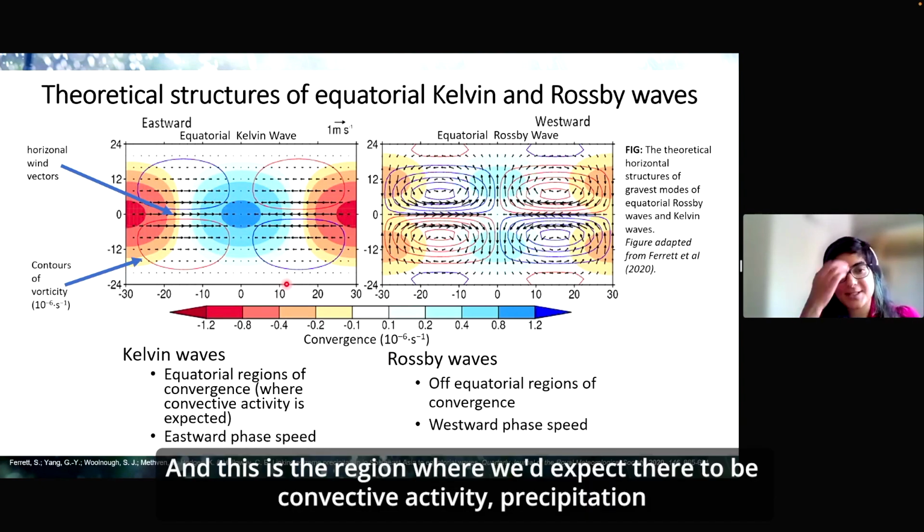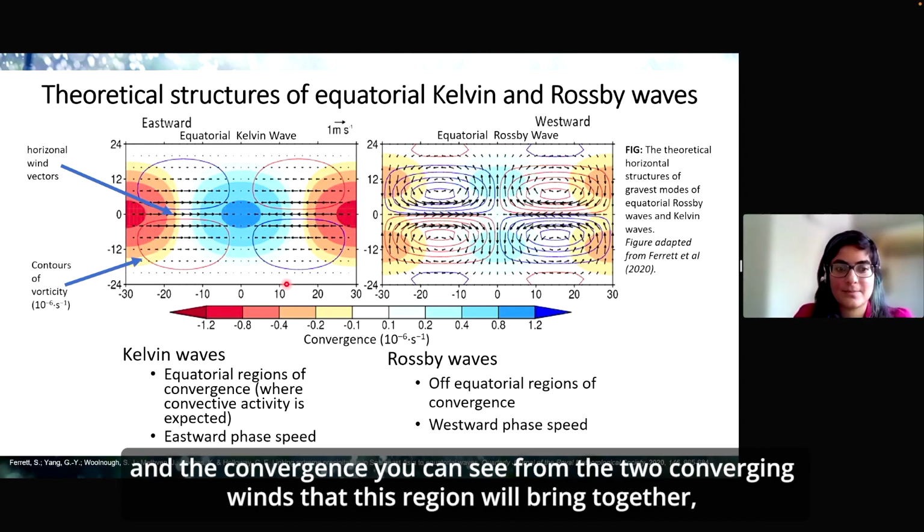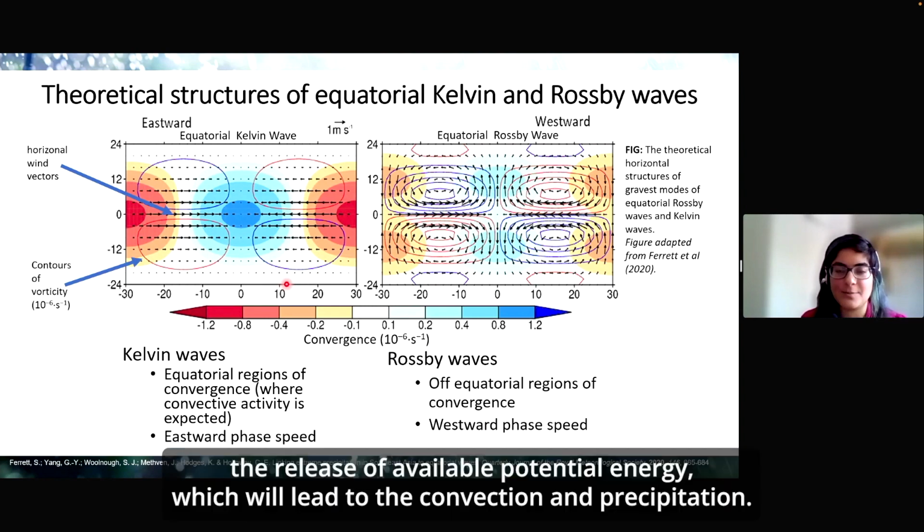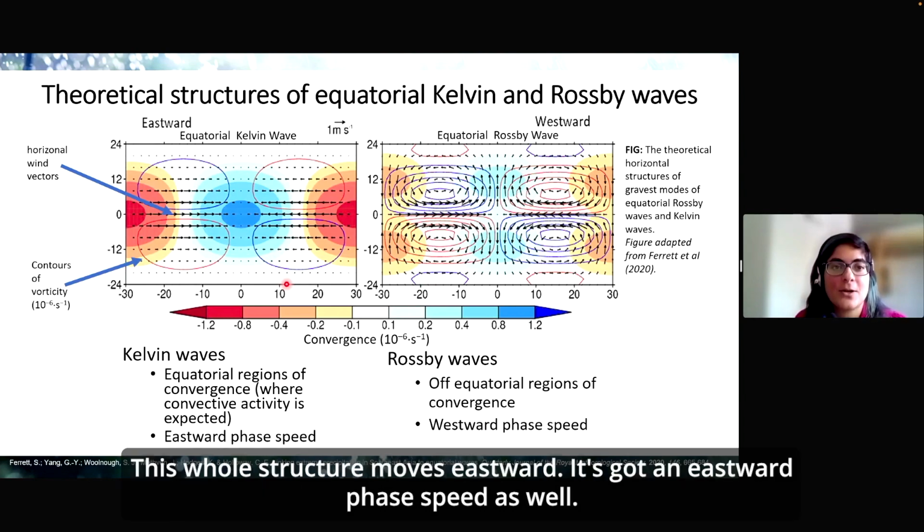And this is the region where we'd expect there to be convective activity and precipitation. You can see from the two converging winds that this region will bring together the winds, which may trigger the release of available potential energy, which will lead to the convection and the precipitation. This whole structure moves eastward. It's got an eastward phase speed as well.